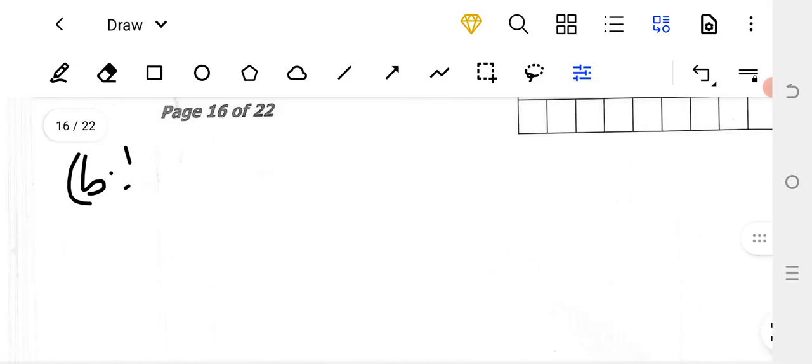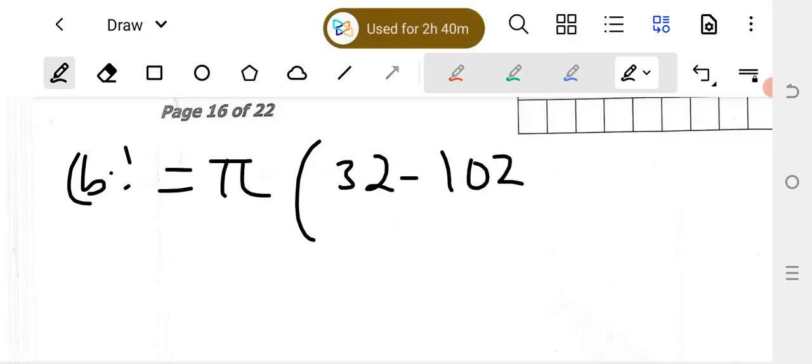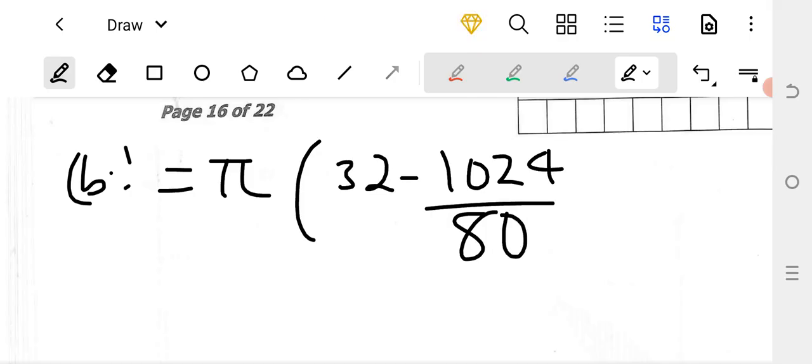So it's equal to pi multiplied by 32 minus 1024 over 80. What is 32 times 80?